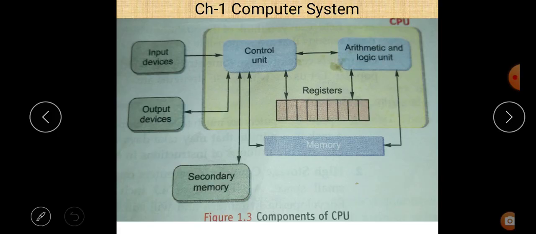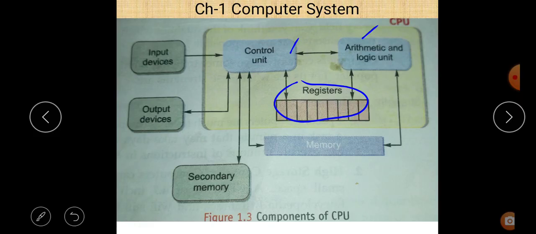If we talk about the CPU, then the CPU can be divided into three main parts. Two are the control unit and the arithmetical unit, and one is the register. The control unit controls the entire operation of a computer system, and it sends signals to the different units connected to it, whereas the arithmetical and logical unit performs arithmetical and logical operations such as addition, subtraction, and multiplication.